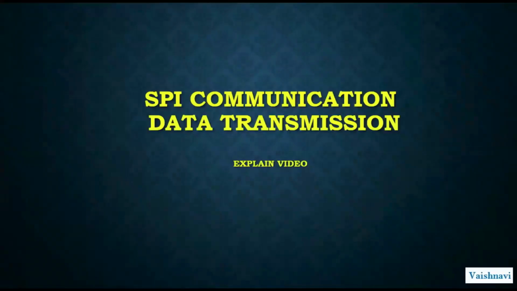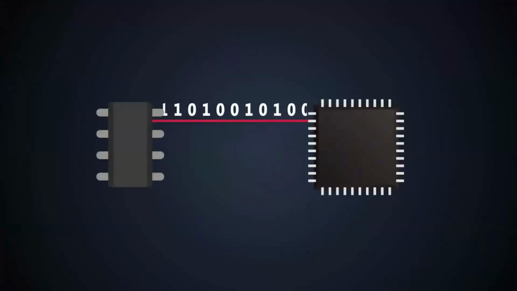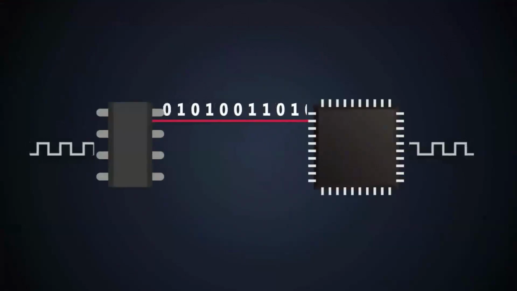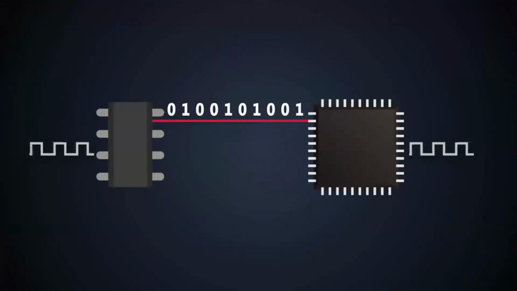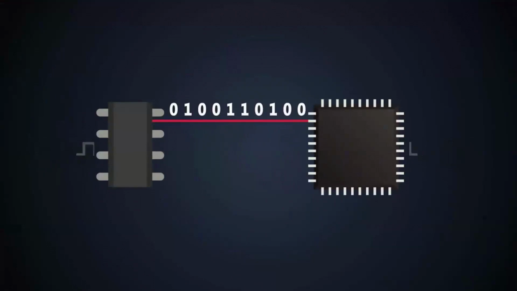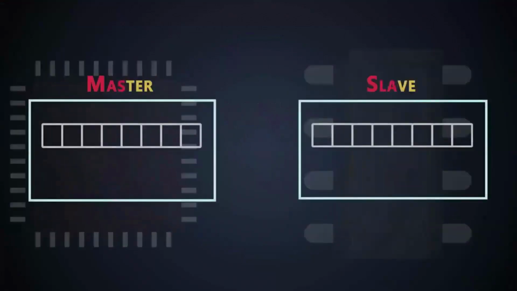Now, we will see the SPI communications data transmission, how it works. We look into how the data transfers between master and slave devices in the SPI communications protocol. To start with, we need to see the hardware and internal blocks of master and slaves. There are shift registers in both master and slave devices.